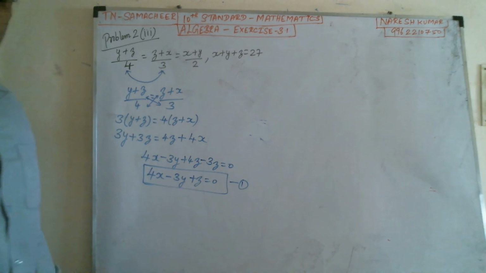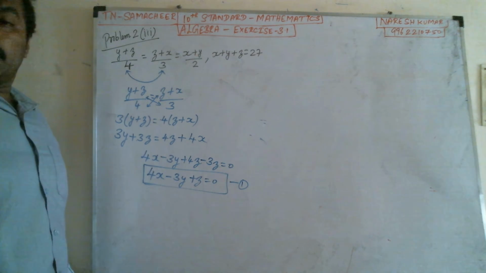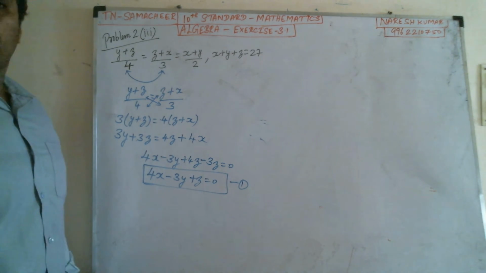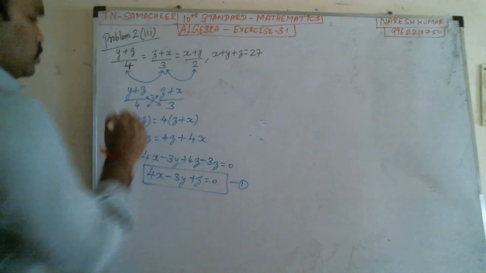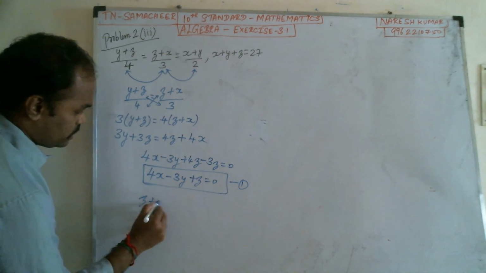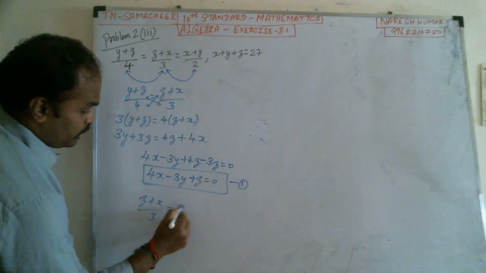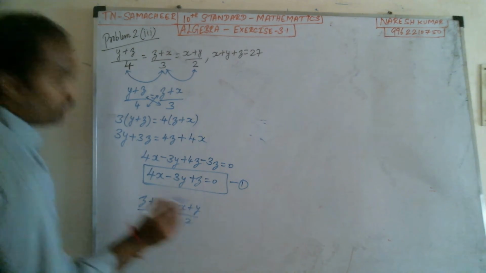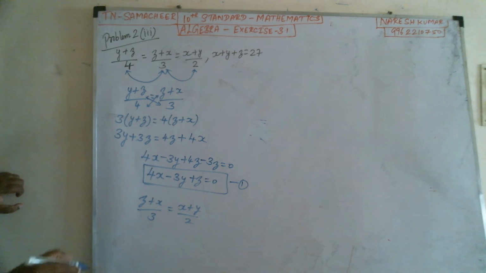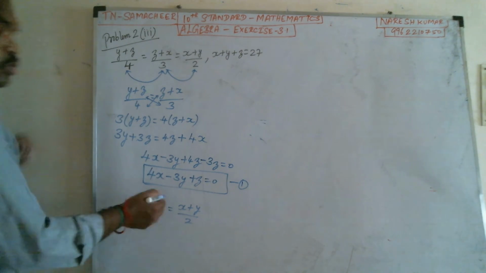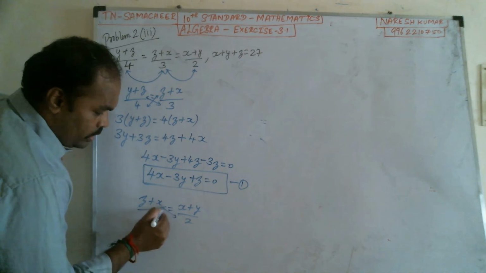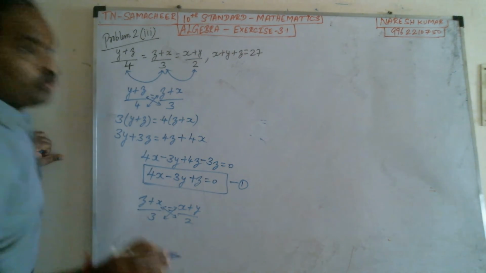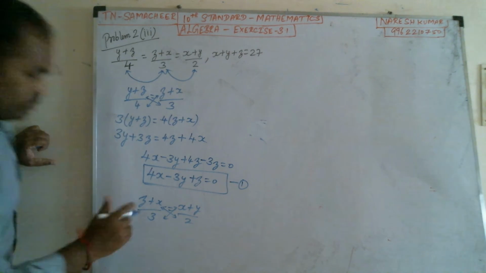So this is the first equation. Next, how can we write the second equation? From this one to this one: (z plus x) by 3 equal to (x plus y) by 2. We need to do the cross multiplication.